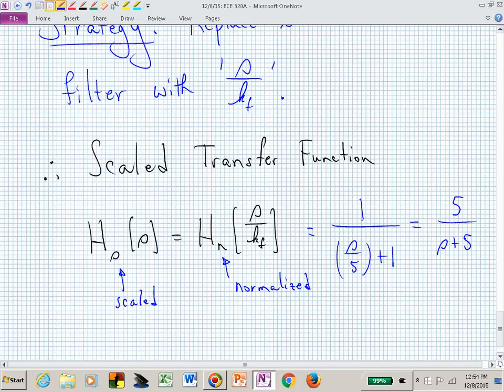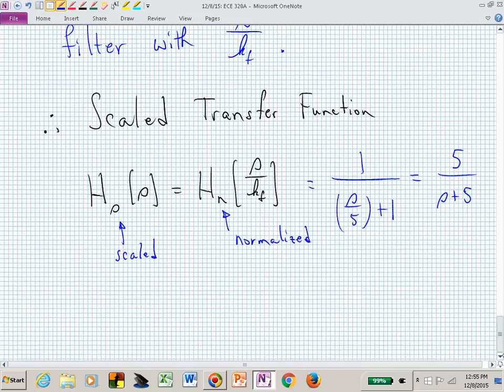What's the DC gain of that transfer function? 1. And what's its 3 dB frequency or cutoff frequency? 5. So we've made our bandwidth wider by frequency scaling.